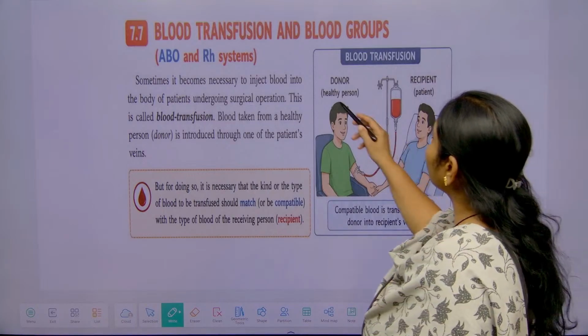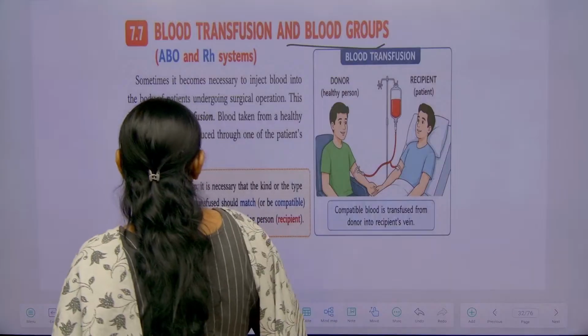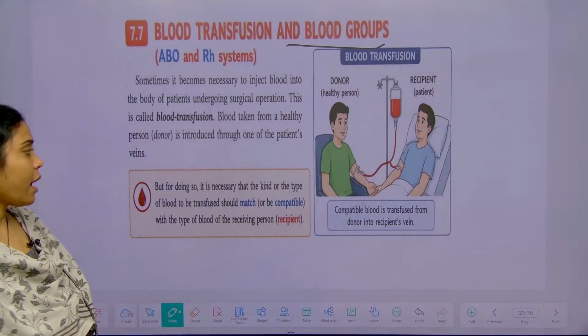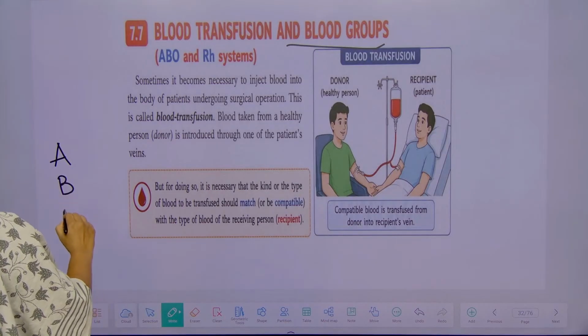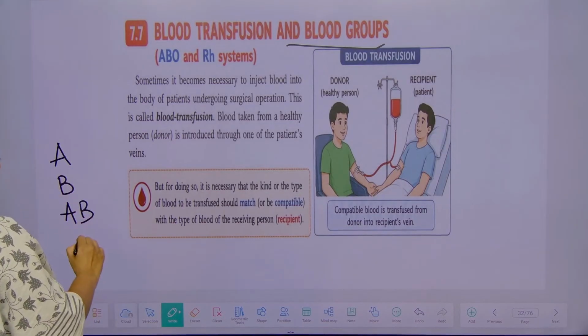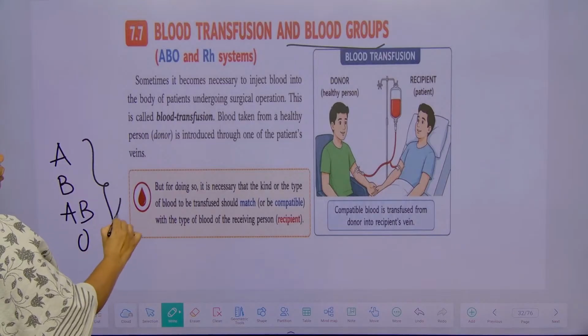Now, blood transfusion and blood groups. How many blood groups do we have? Already we know that we have A blood group, B blood group, AB blood group and O blood group, total 4 blood groups.